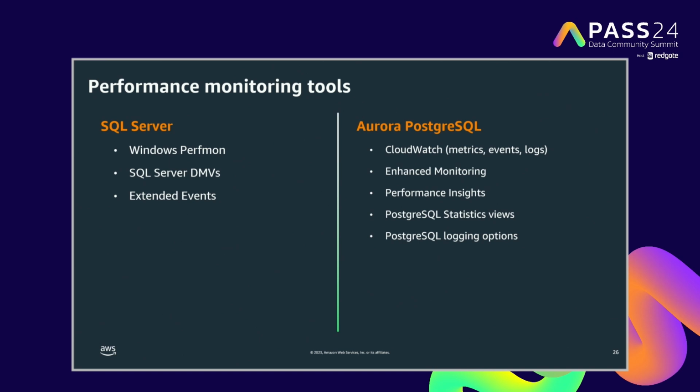And when was the last time the vacuum ran on these tables? And when was the last time that the statistics were updated on these tables? So the entire health state of your tables, you can see in one view. That's pg_stat_user_tables. Along with that, there are some other views as well, okay? Just like in SQL Server. And it also provides logging options, okay? Like in SQL Server.